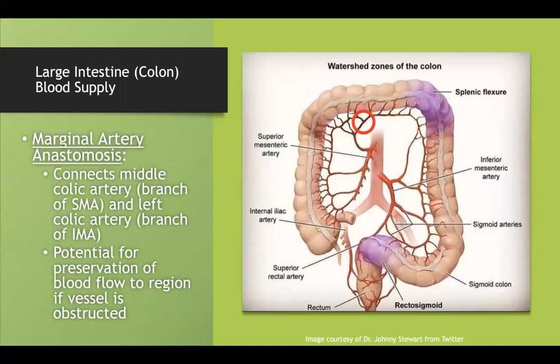Something that confused me, I remember this during medical school when I was studying for Step 1 myself. I was confused by why this area would be safe, even though we described it as a watershed region. The difference between those two statements: if this is obstructed right here, and you still have very good perfusion, like your blood pressure is still good, then it's no problem for the blood to get all the way over here.